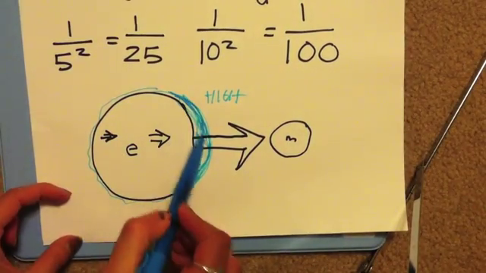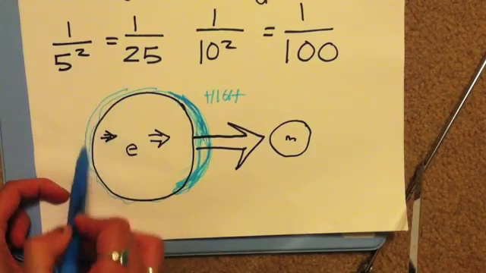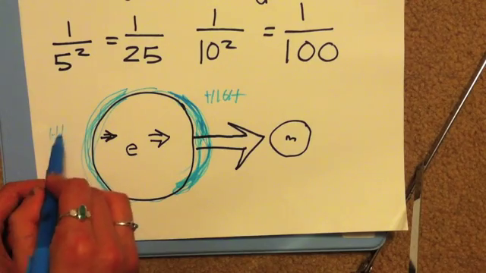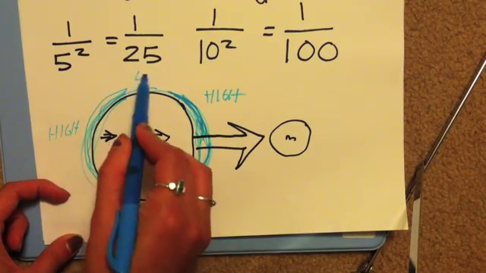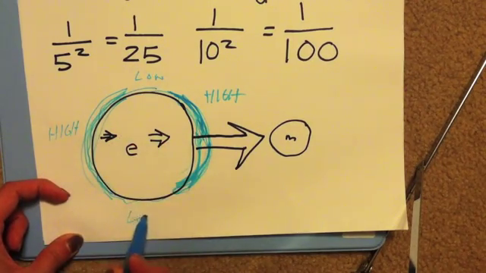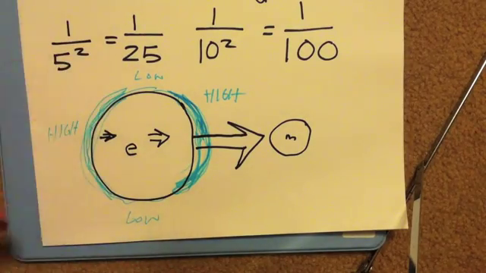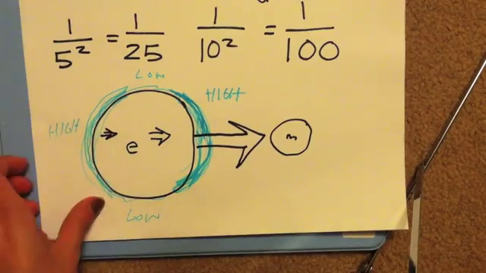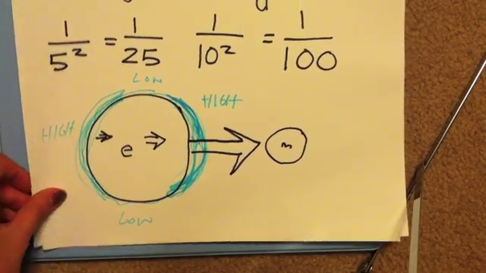So the high tide is going to also occur on this side of the Earth as well. So you have a high tide here, then low and low. And again, this is all because of Newton's law of gravitation and the gravitational pull exerted by the moon on the Earth.